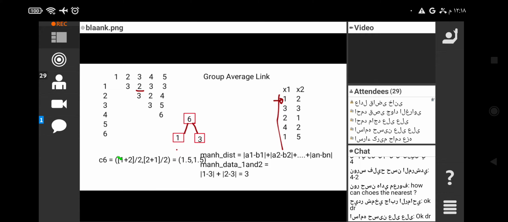This is the average for cluster 6: 1.5, 1.5. Do you understand this?